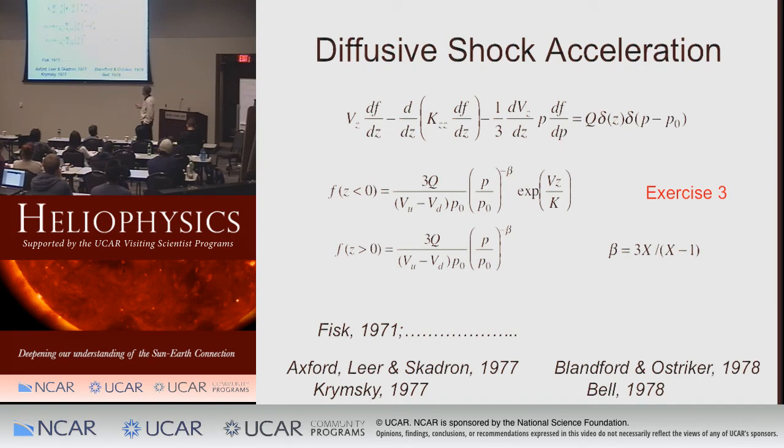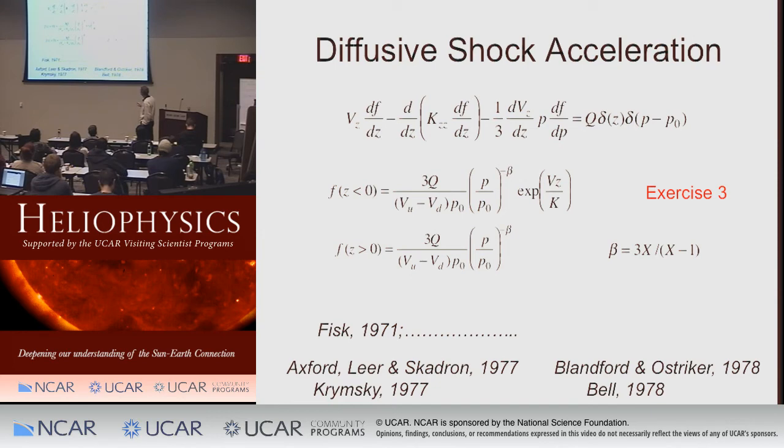The drift term doesn't come in because if it's one-dimensional, the drift is in the x-y direction. You only pick up the z component of the diffusion, and it's stationary, so there's no d/dt. So this is about as simple as you can get. Here's this 1/3 dV_z/dz.